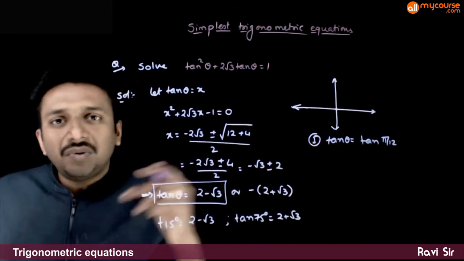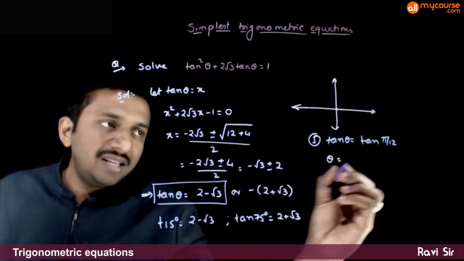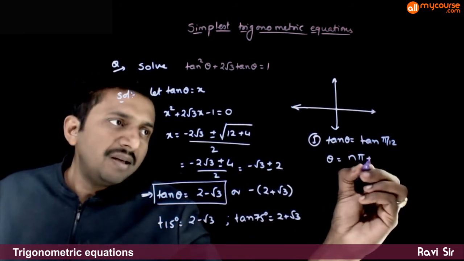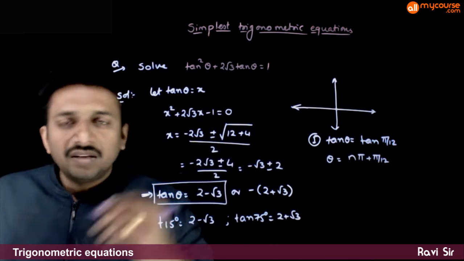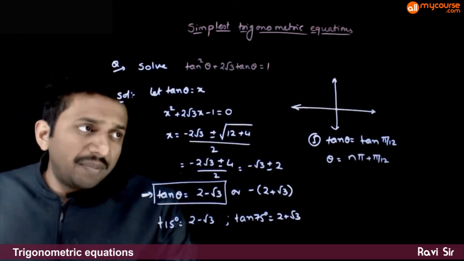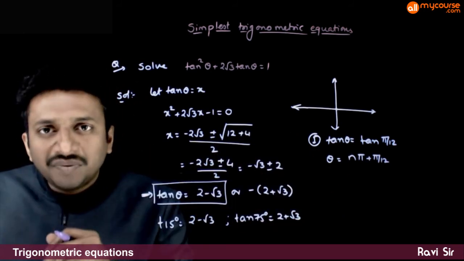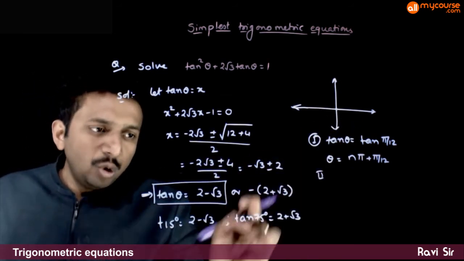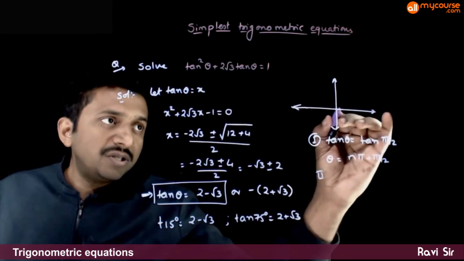So tan theta is equal to tan pi by 12 implies theta is equal to, what is the general solution for tan theta is equal to tan alpha, n pi plus alpha. So you get theta is equal to n pi plus pi by 12. This is the first case.